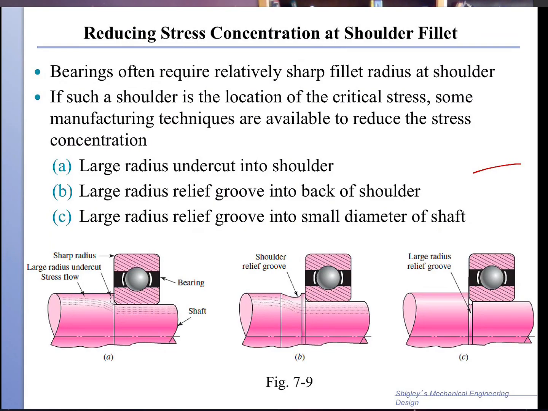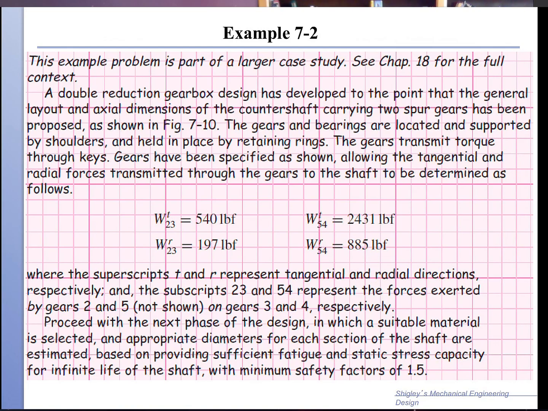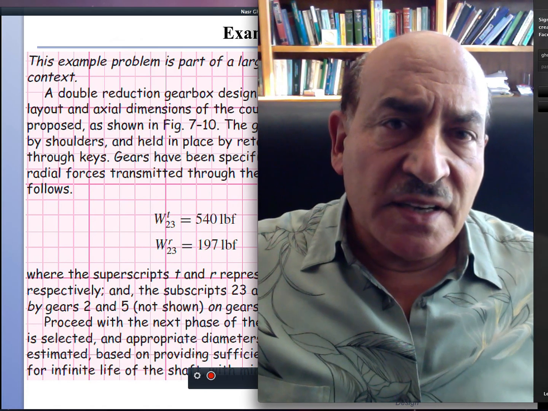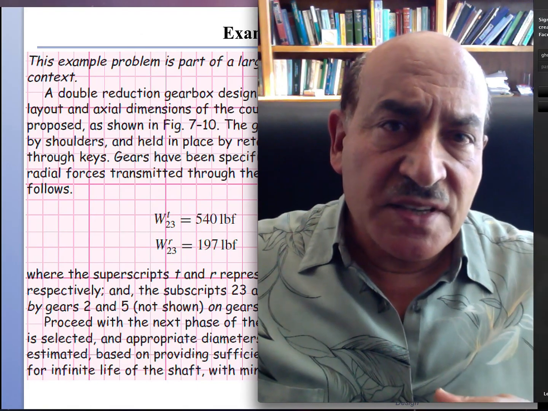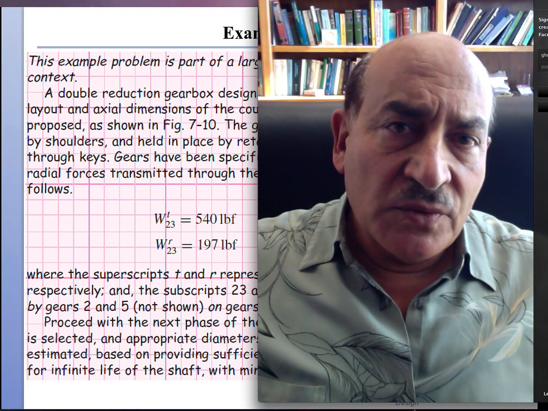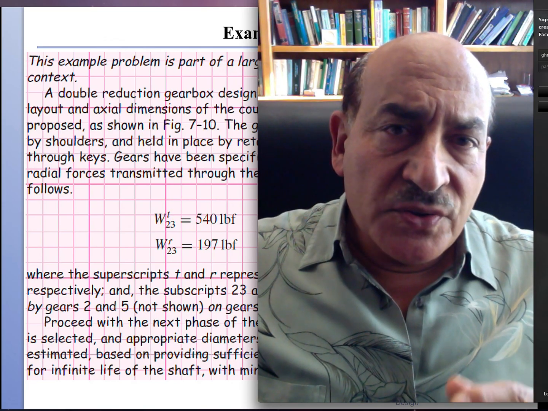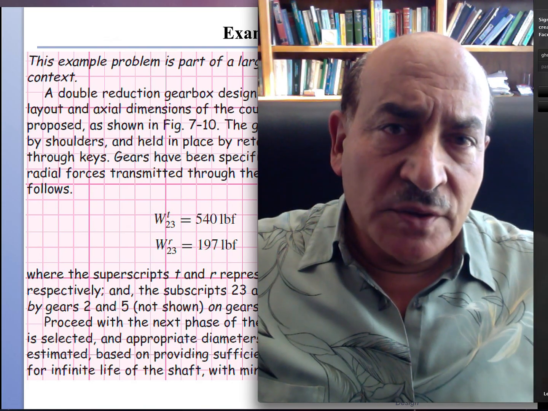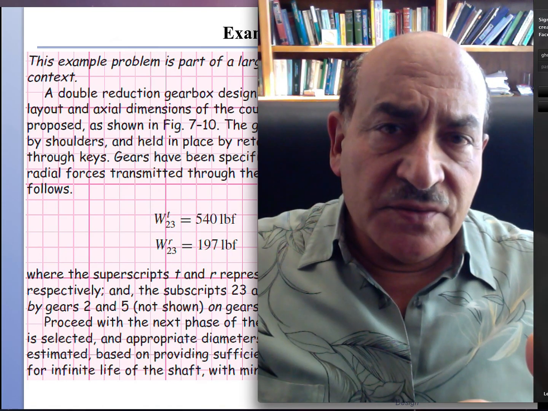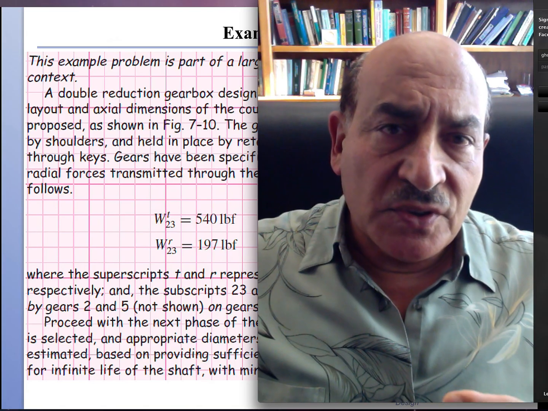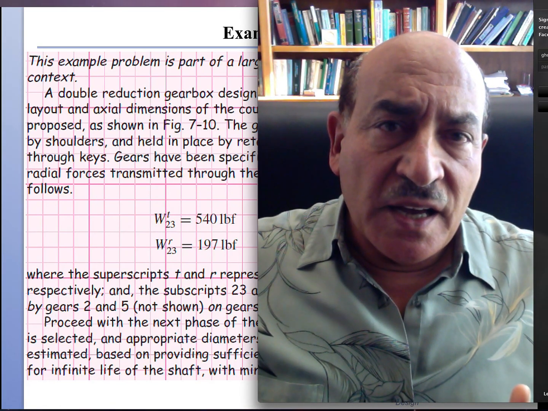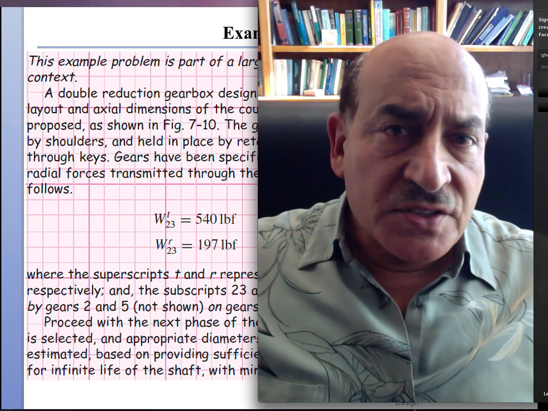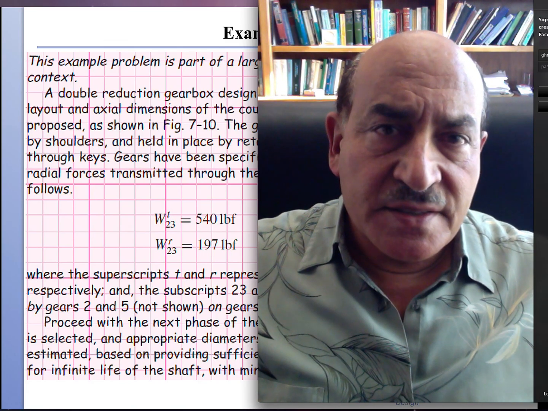Now next we'll see that once we have this shaft idea about the regions in which we have stress concentration factors, what we'd like to do is go through thoroughly a complete example and determine the size of a counter shaft for a speed reducer just on the basis of the stresses.